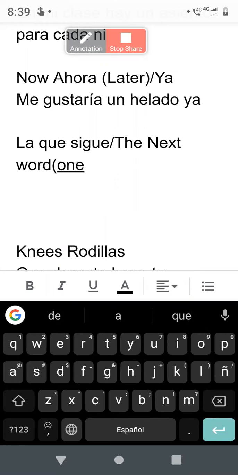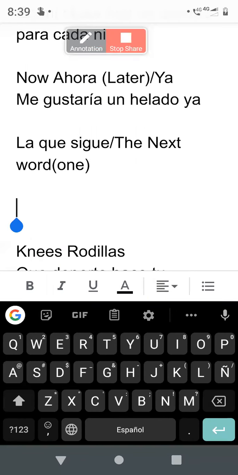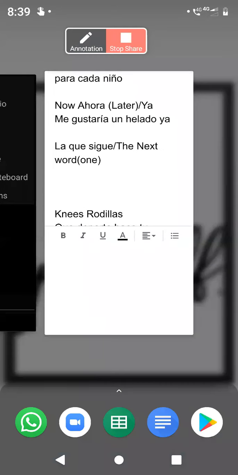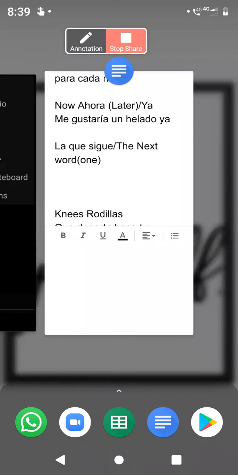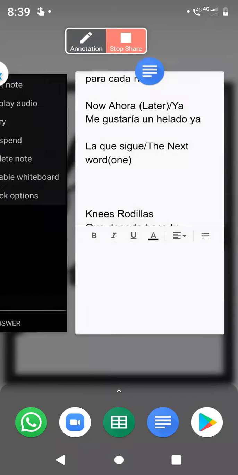La que sigue. I'm saying la because word is feminine, but if it's a masculine one, then you would say el que sigue. Only the article would be el instead of la.